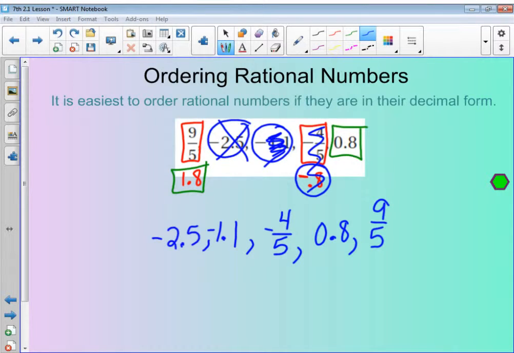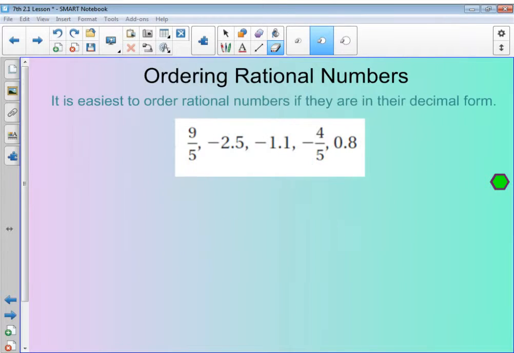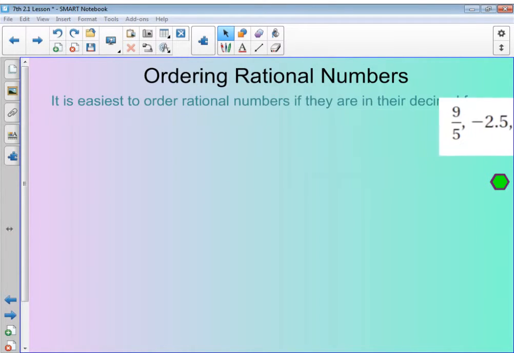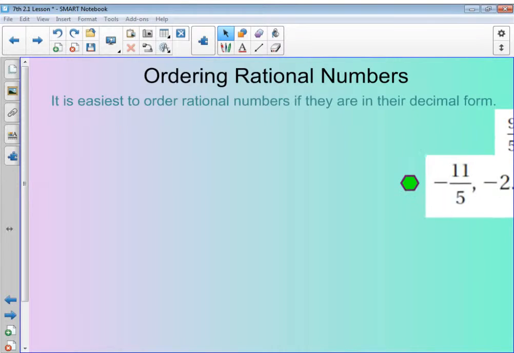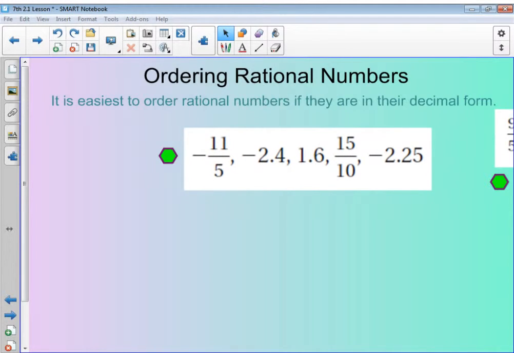Now, like I said, some kids are going to be able to just work off of the fractions, but many are going to have to change those fractions to decimals to be able to compare them. Because if you work with fractions, unless you're really good at breaking things down, maybe seeing pictures, you have to have a common denominator to compare them. So it's a lot easier to compare decimals.